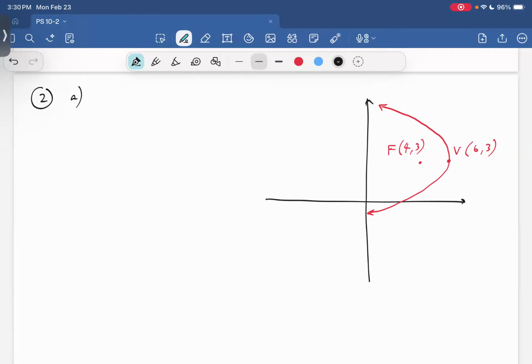And so our equation is going to be, well, first of all, the vertex h comma k is equal to 6 comma 3, and P is equal to -2. So using the second equation, y minus 3 squared equals -8 times x minus h.